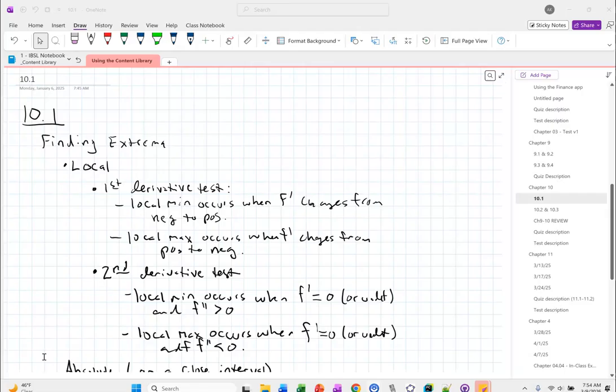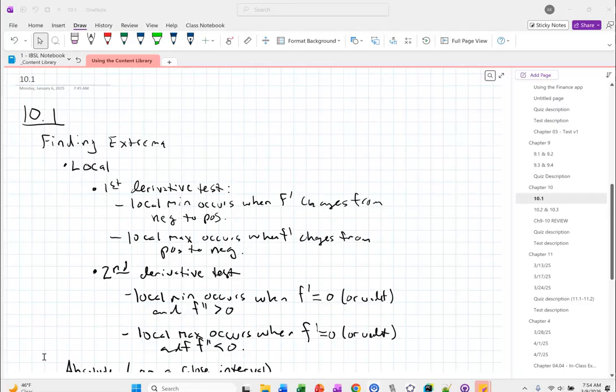There's local, where a local maximum is the highest point in some open interval, and the same thing for a local minimum, the lowest point in some open interval. And then there's absolute or global maxima and minima.